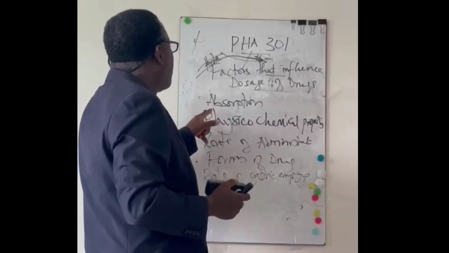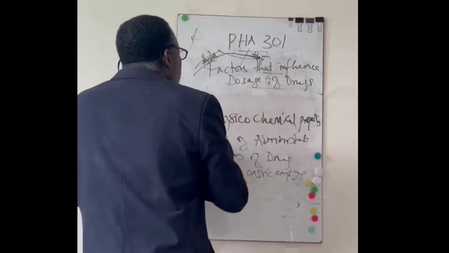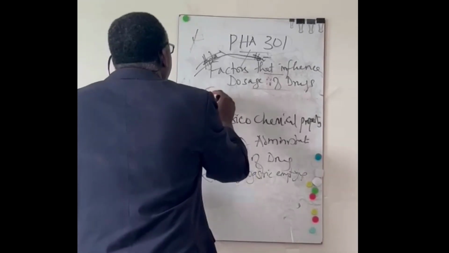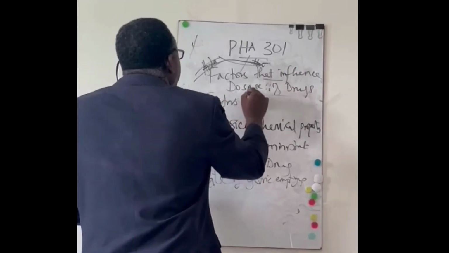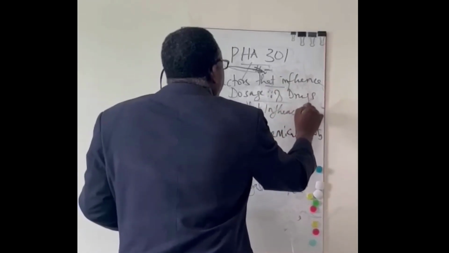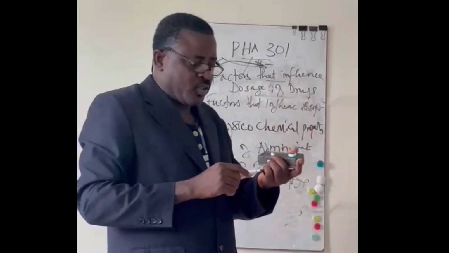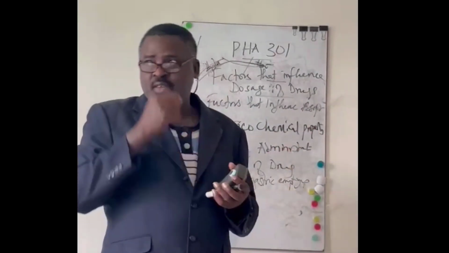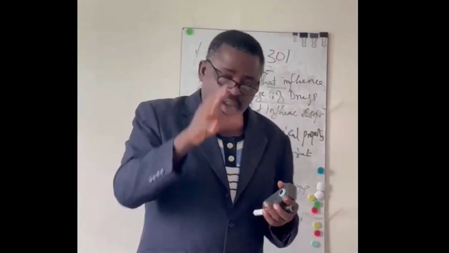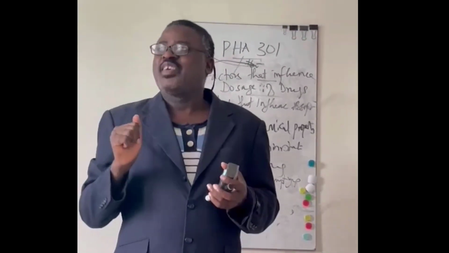Now, when you talk of physicochemical property of the drug, physical means how the drug looks. For example, a tablet is a physical component of a drug.